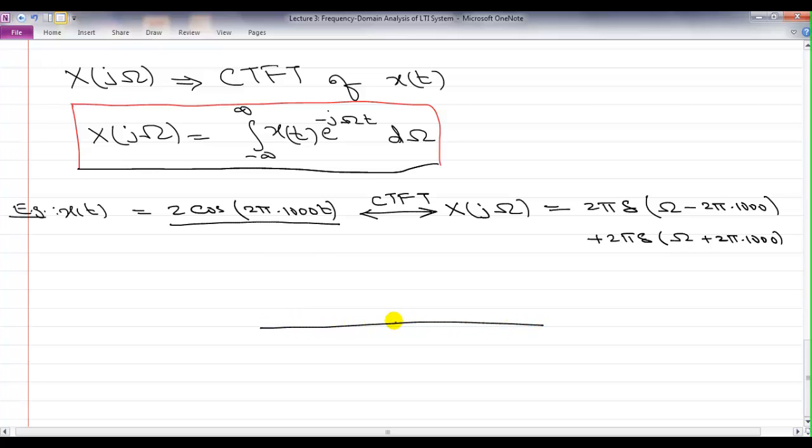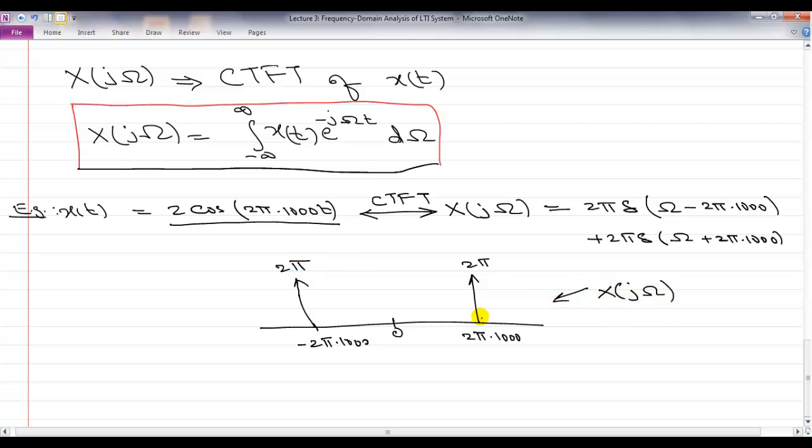And if we plot it, it has an impulse of area 2 pi at 2 pi 1000 in radians per second. If I were doing hertz, then I would get rid of the 2 pi on the x-axis. And another at minus 2 pi 1000. This is my X of j omega. So indeed, if I were to show you this X of j omega, you would know that this signal has only minus 1 kilohertz and 1 kilohertz frequencies present in it.